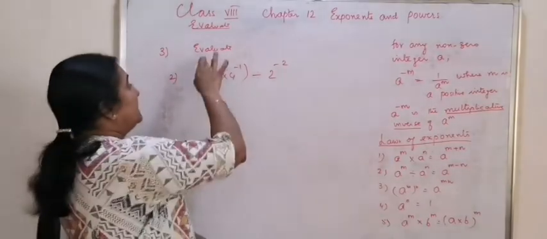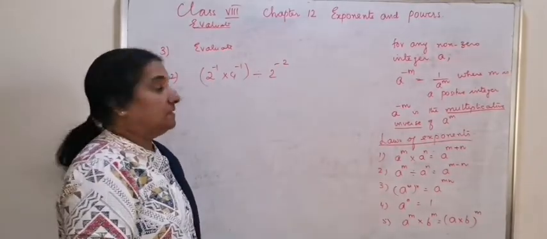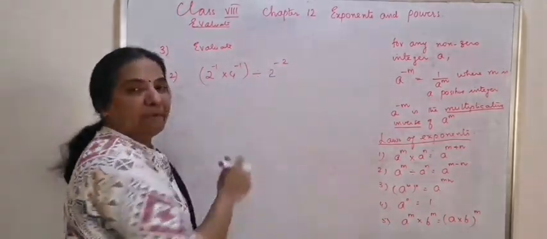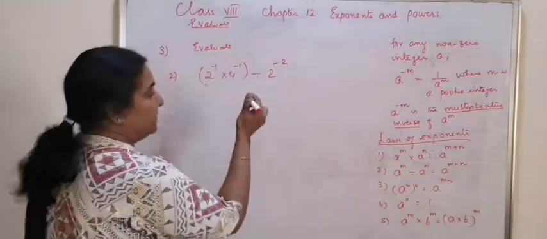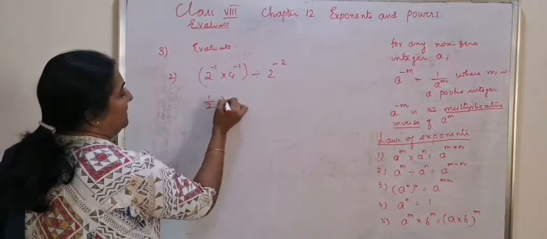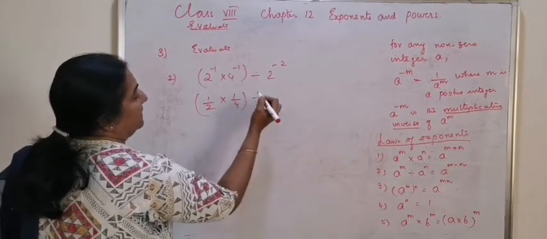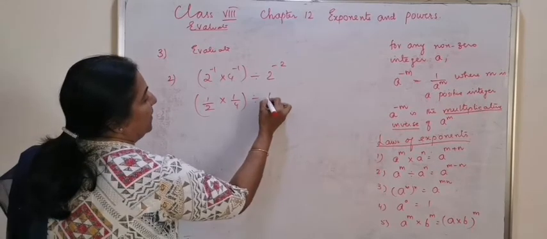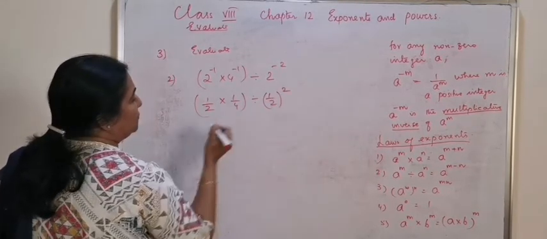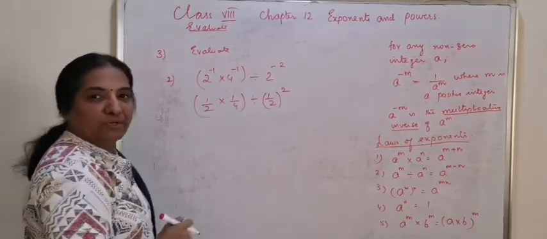Third question, evaluate. The second subdivision, it was 2 raised to minus 2. I will work out with 2 raised to minus 2 also. 1 by 2 into 1 by 4, divided by 1 by 2 to the power of 2. 2 into 4, it is 8.